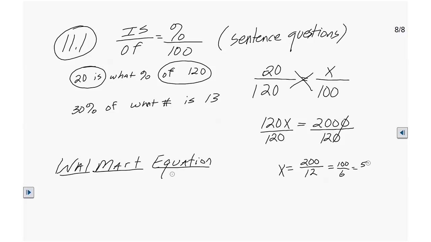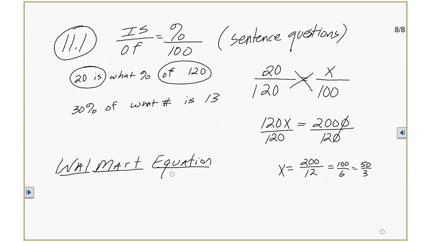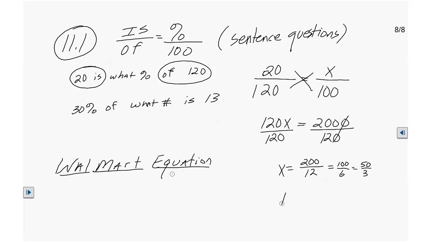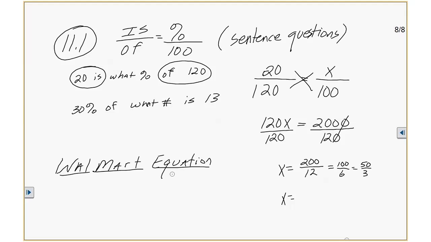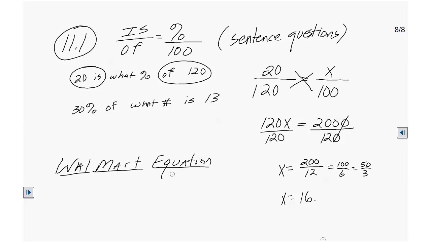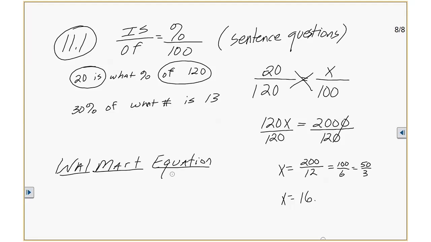And that's 50 over 3. So X is equal to 16 and 2/3, it repeats. So 20 is about 17% of 120.